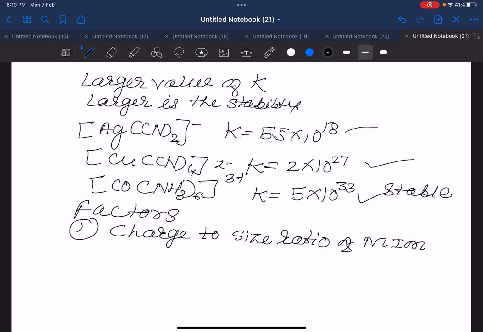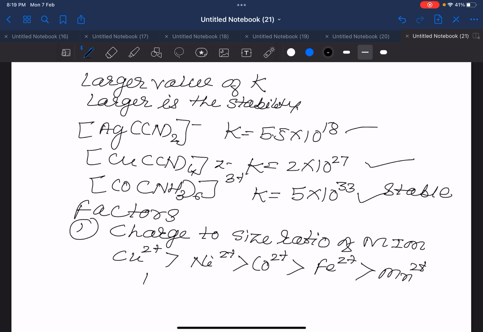For the divalent metal ion complexes, their stability shows this trend. The above stability order is called Irving-Williams order.